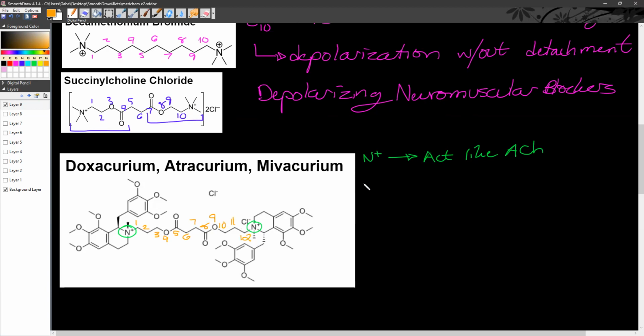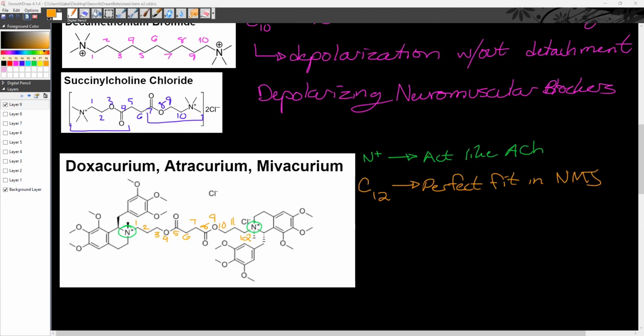And what you see is that we have 12 carbons. So we just hit the limit of that perfect fit. So here we occupy the aspartic acid domain in order to get that blocking effect.